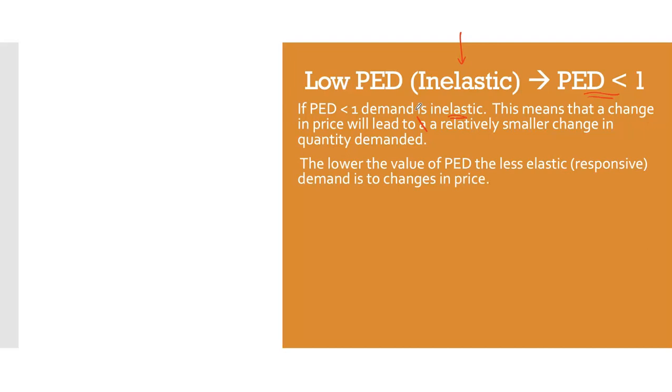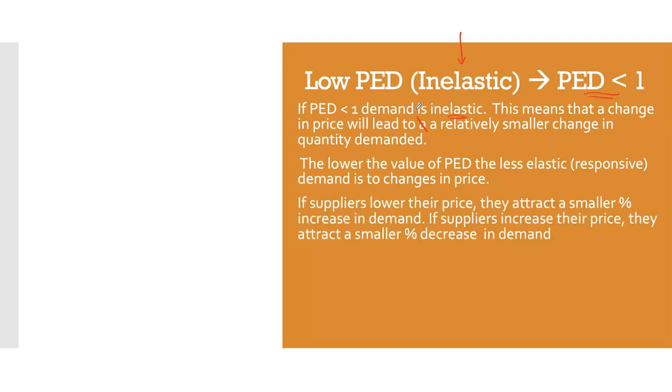The lower the value, the less elastic or responsive demand is to changes in price. So if suppliers lower their price, this will attract a smaller percentage increase in demand. And if suppliers increase their price, they will attract a smaller percentage decrease in demand.